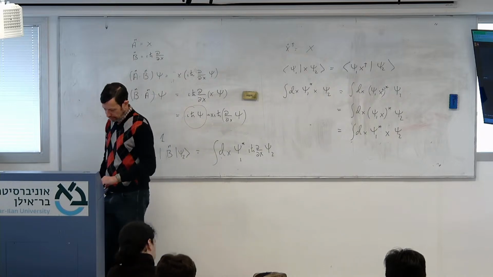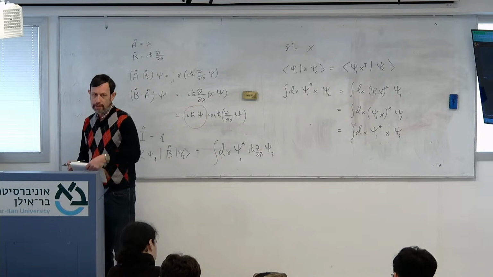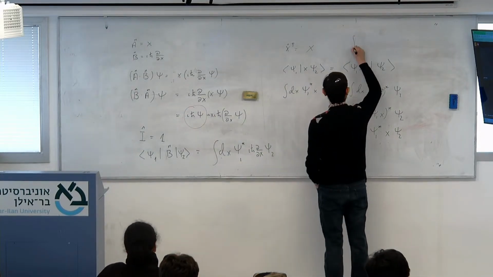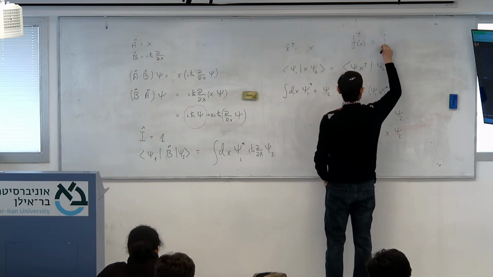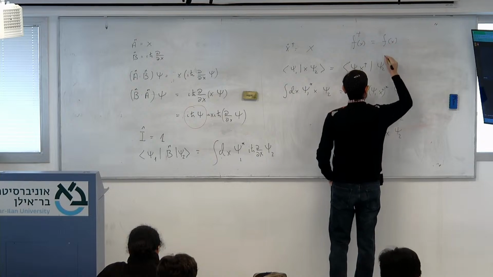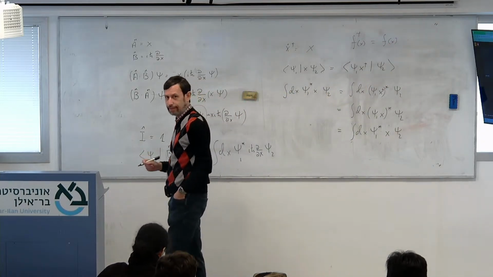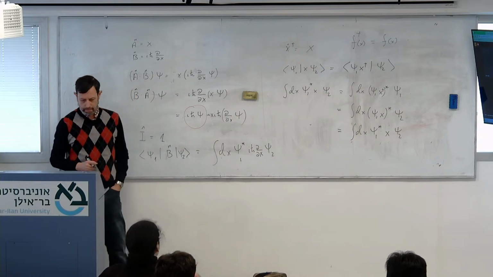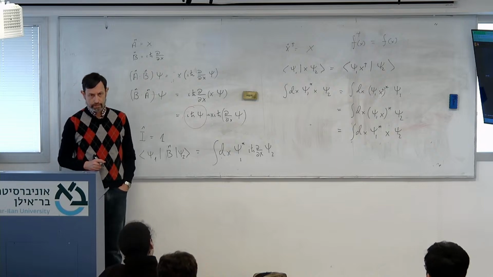Let's look at something that's a bit, well, and then you can generally, any function of x has the same Hermitian conjugate. X means space, right? Any function.